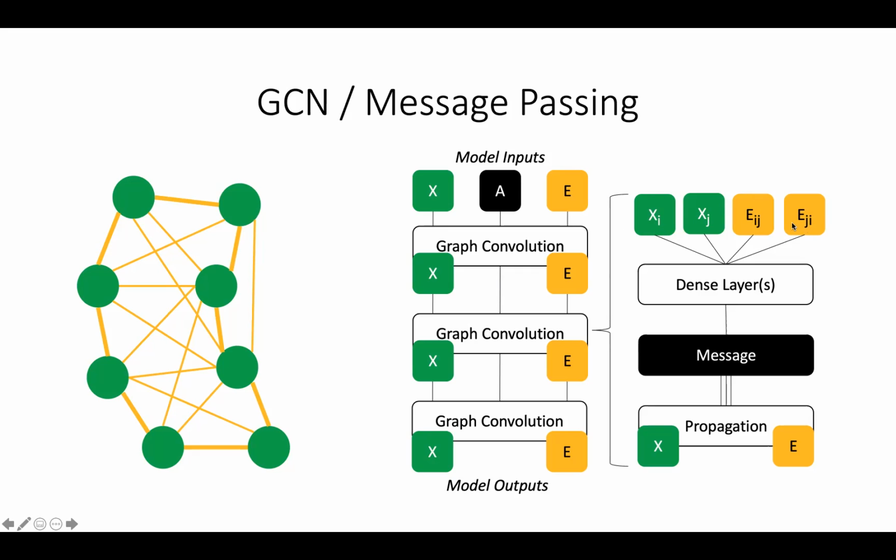The other edge would just be the transformation going the other direction. If you're measuring just distances, these would be redundant, but often we do more advanced operations. Concatenate all these together, you run them through one or more dense layers, and then this creates a message which pertains to this specific edge that was used to create the message.